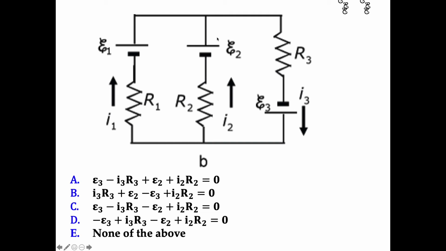I get to the second power supply, I get a voltage drop, minus E2. And then I go through R2, going against the direction of current. That's a voltage increase, plus I2R2, equals 0. Does that make sense? Are we okay with that? Any questions? So the answer is D to that one, and most people got that right.